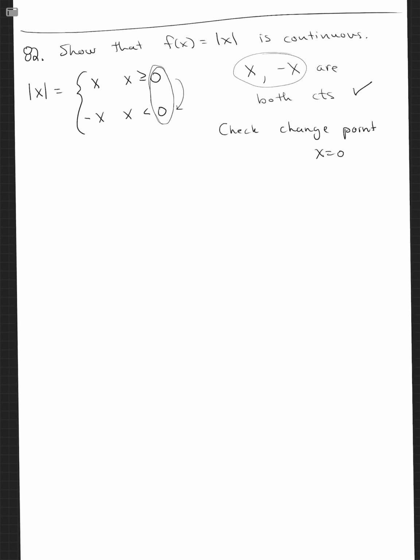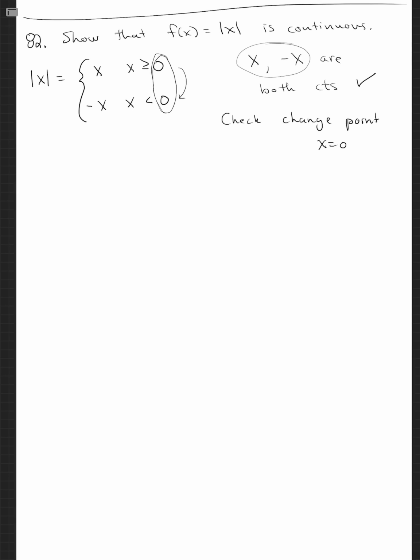To check the change points in a piecewise function, we need to go back to the definition of continuous. So we need f of 0 to equal the limit as x goes to 0 of f of x, right?